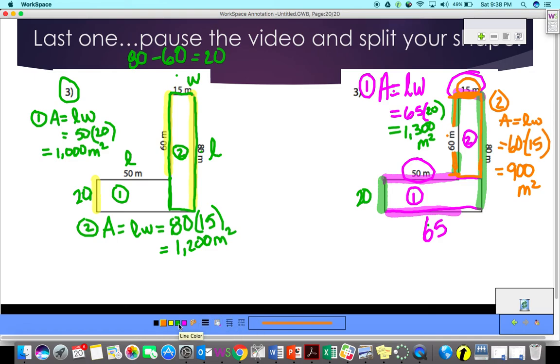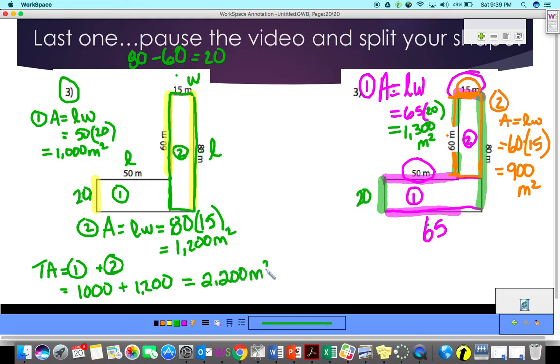So let's come down here and calculate our total areas for each. The total area over here, for the way we split it in green, was shape 1 plus shape 2, which was 1,000 plus 1,200. When we add those together, we're going to end up with 2,200 meters square.